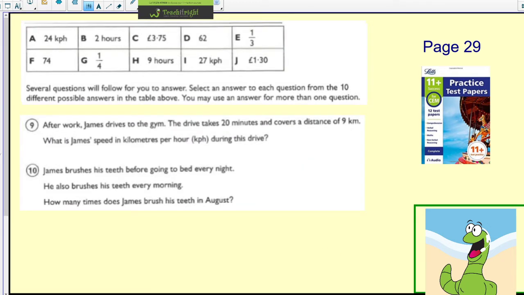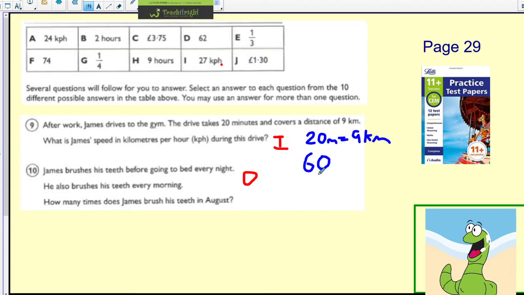Right, last 2 answers. So for number 9, the answer is I. And for question 10, the answer is D. Let's just really quickly do our working. So after work, James drives to the gym. It takes 20 minutes. So in 20 minutes, he's gone 9 kilometers. What's his speed? Again, this classic question, you've seen it twice in this section.